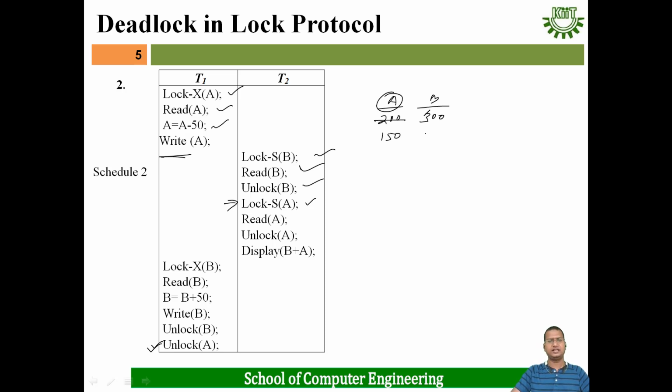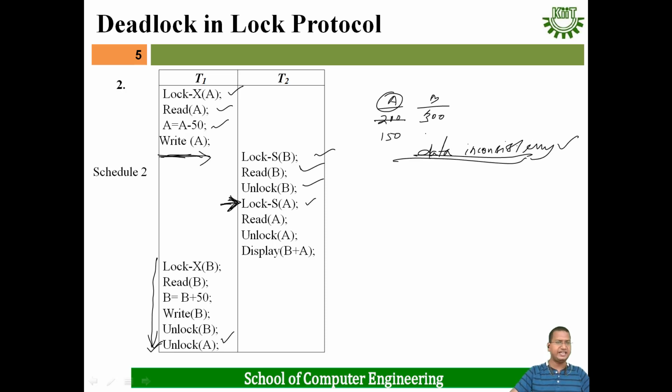No. That means it will wait here. This cannot be granted. Then T1 will do all these operations and unlock A. Only then it can be possible. That means by delaying the release of lock A, we can avoid the data inconsistency problem.